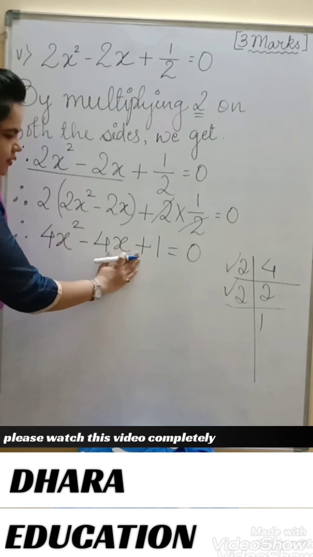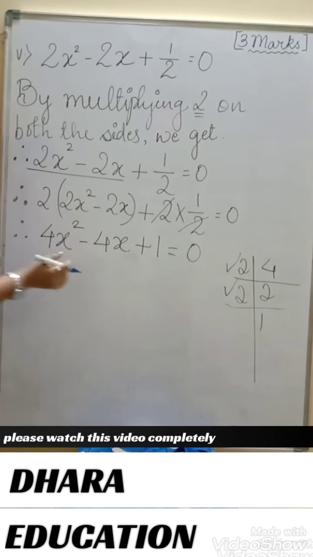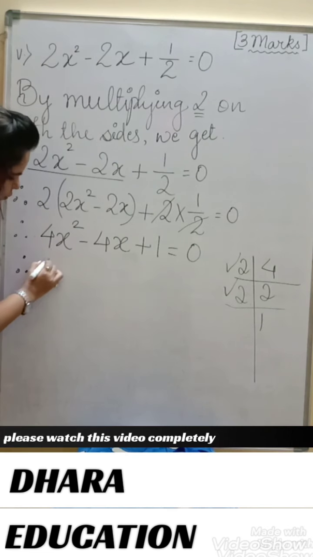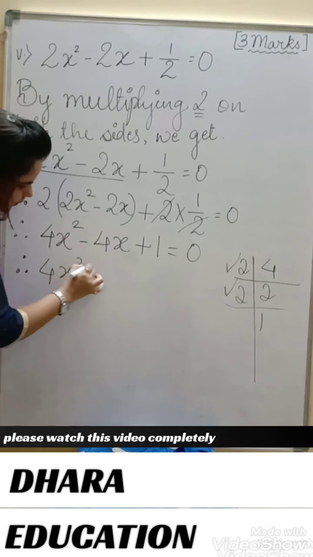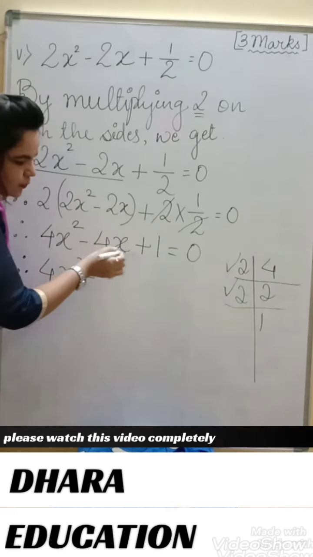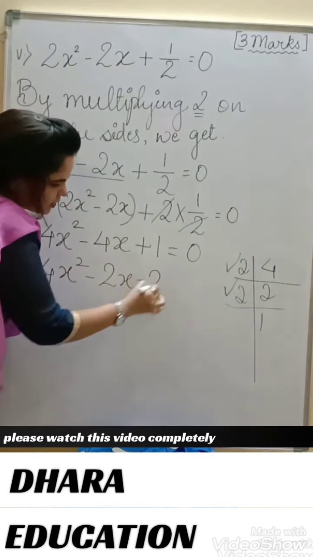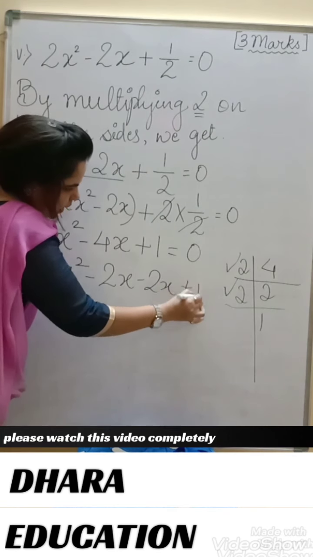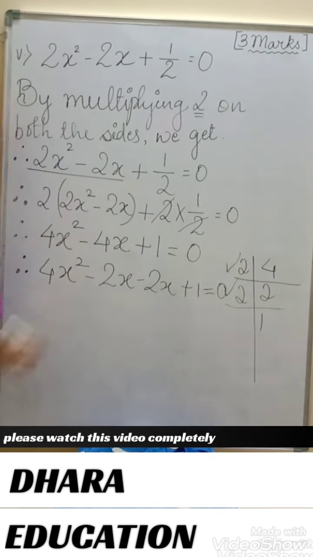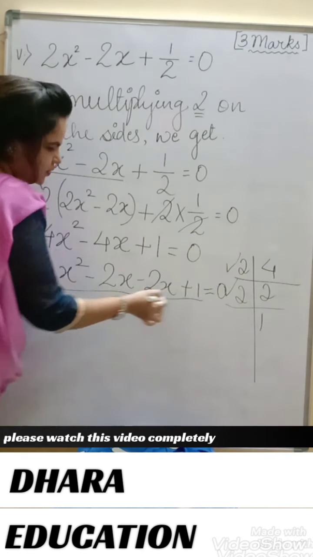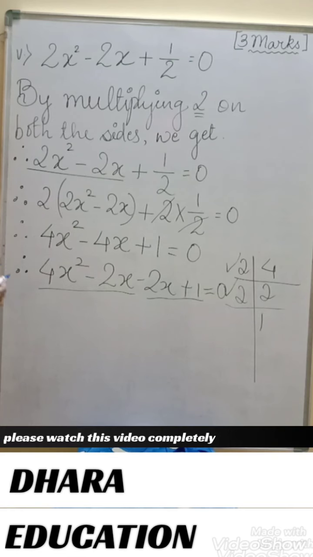Okay. So for this reason, how do we take the next step? It's very simple and easy. 4x square as it is, minus, we need to split this 4x, that is minus 2x minus 2x plus 1 is equals to 0. Alright. By pairing these two pairs, what will be the next step? What is common over here is 2.